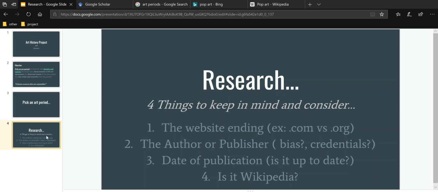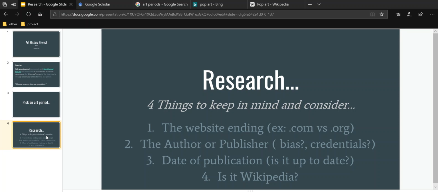There's less restrictions. So be wary of choosing a website as a source if it ends in .org. I know there are some exceptions, but it's good to just consider it. .edu and .gov are always good and reputable sources because they're either educational institutions or government published.